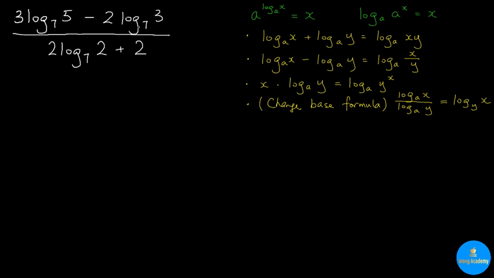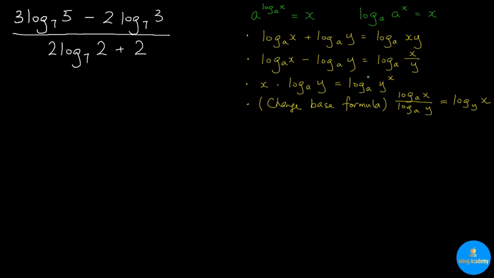In the numerator, we realize that the second bullet point will be useful. However, we can't use it directly because this identity must have coefficient 1 for both logarithmic functions, while here we don't. We have 3 and 2. What we can do is to first use the third bullet point, meaning that if you have a coefficient in front of the log function, we can move this coefficient up as a power.